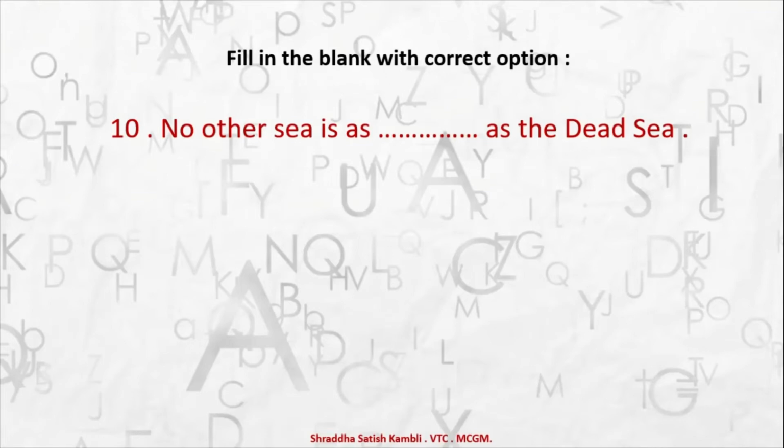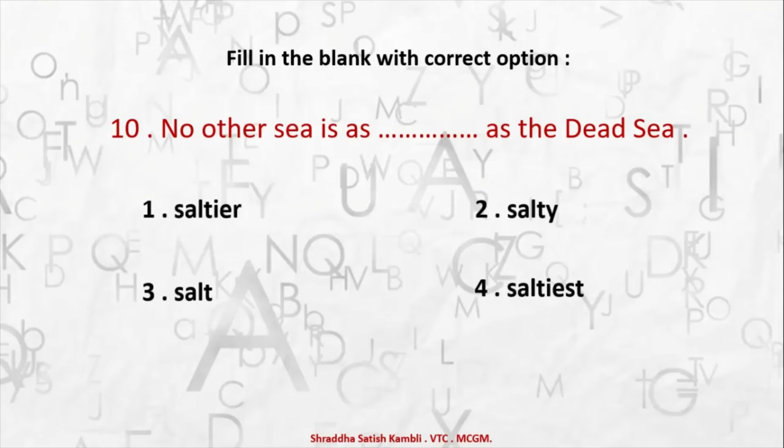There is nothing you can say which can survive in so much of salt. That is why it is called as a Dead Sea. So no other sea is as dash as. So is it as saltier as, salty as, salt as, or as saltiest as?